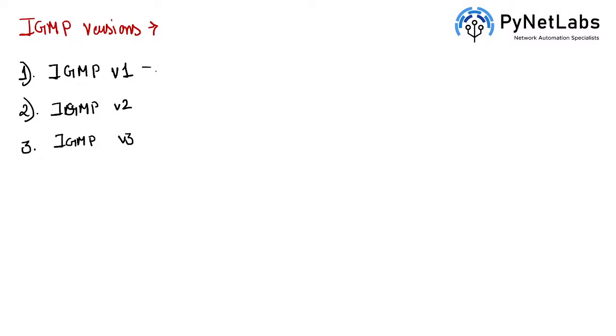Version 1 is a very old version and is rarely used. In today's networks we don't use IGMP version 1. Version 2 is commonly used in multicast networks.